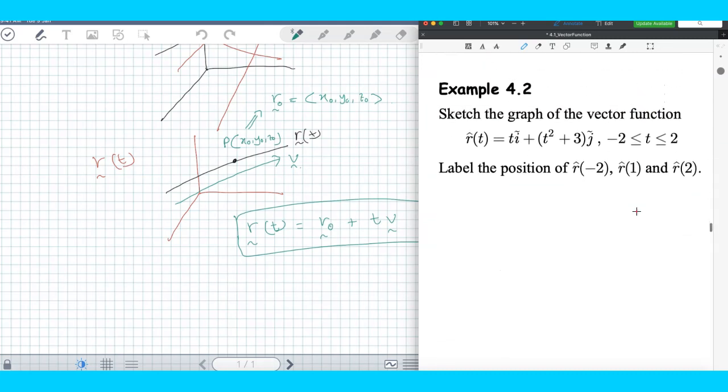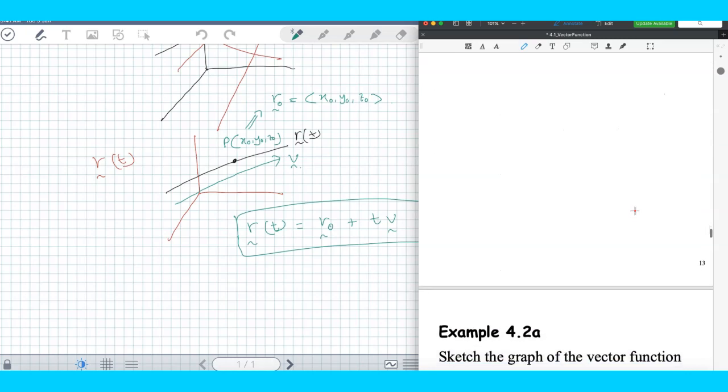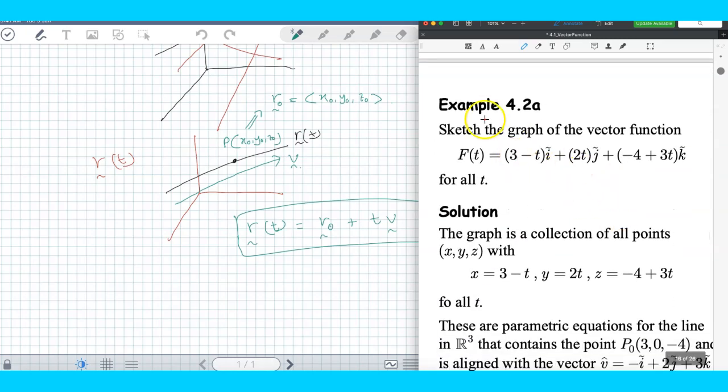Okay, so now we go back to the problem here. They ask you to sketch. We can expect that the graph should be a straight line, but in which direction? The good thing about the vector function is that it can also determine the direction.